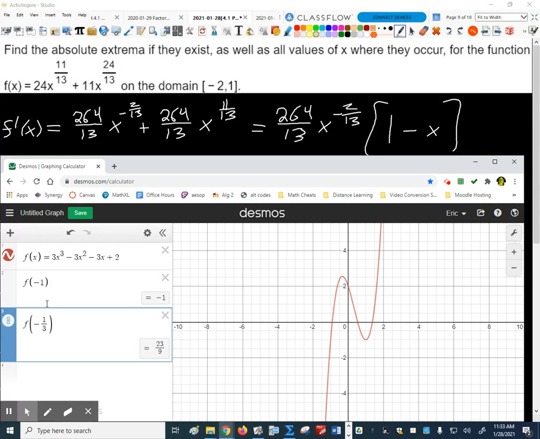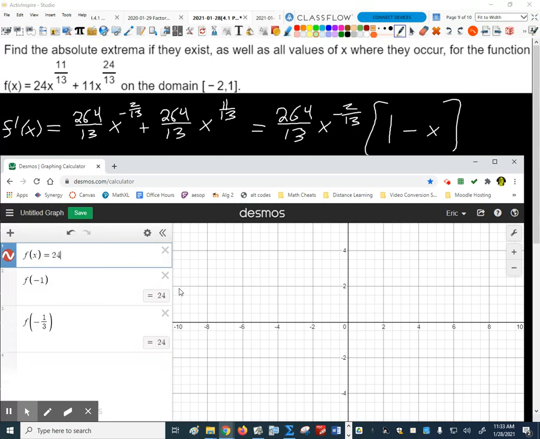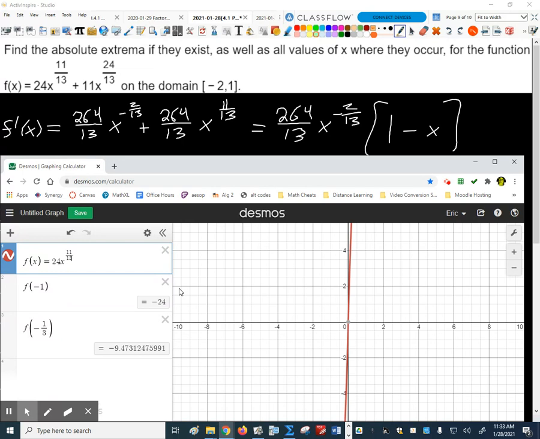Okay, so our function this time, 24x to the 11/13 plus 11x to the 24/13. And we wanted to calculate, what were our values here for f?